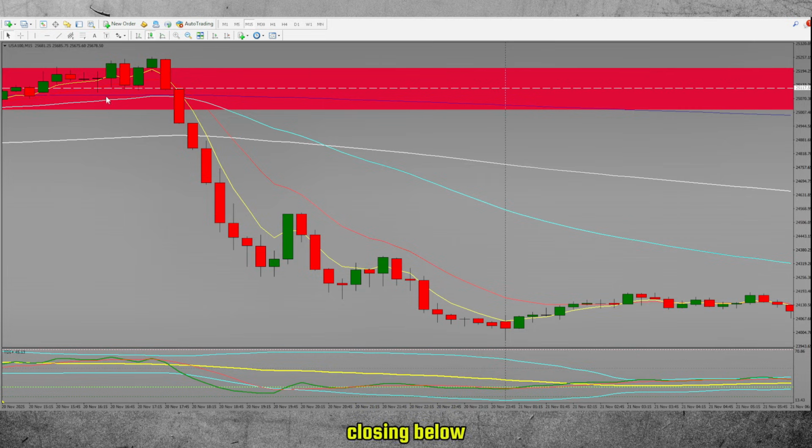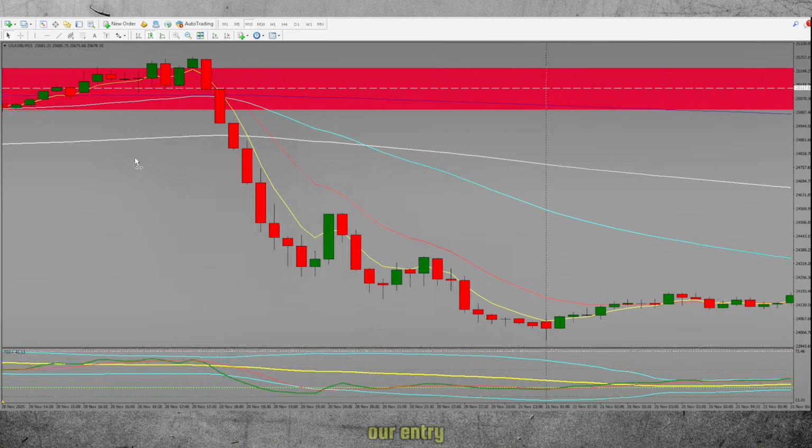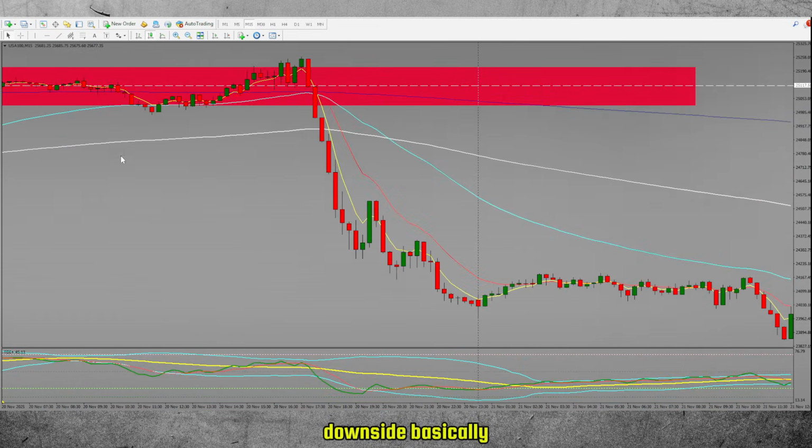By closing below a high that has been set, we can see we had this green candle that came, and then we have this red candle that closed, but it failed to close below the low of this candle. But later we got this candlestick, and we managed to get a candle that closed below the low of this candle. That was the candle we could have made our entry to the downside, basically like that.